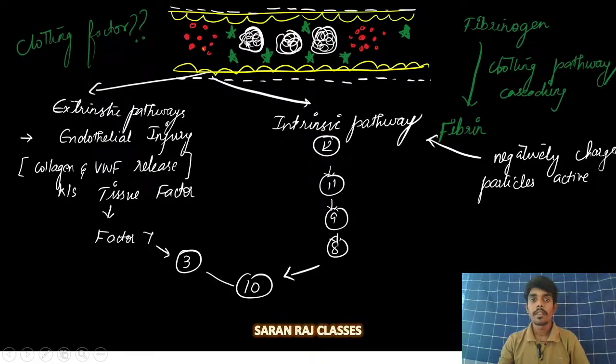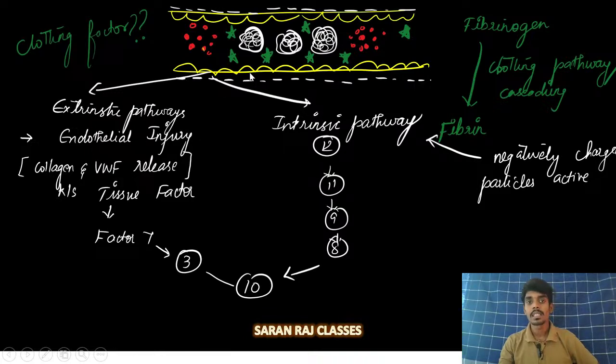So here we have the blood vessels and the blood platelets, and we have the blood, and we have the fibrin molecules also. Here we have the collagens. So when tissue trauma occurs, there are two pathways: one is the extrinsic pathway and one is the intrinsic pathway. The extrinsic pathway occurs when endothelial injury occurs.